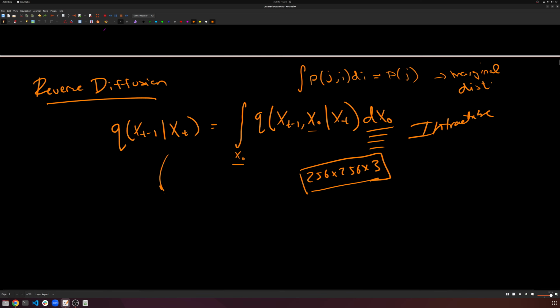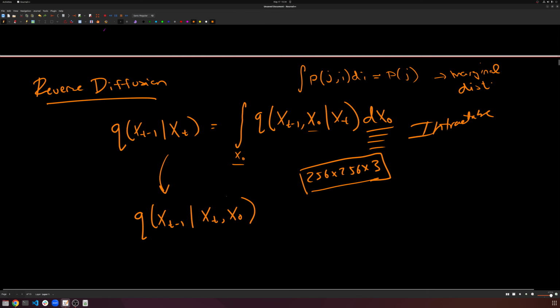So the simplification, or the assumption we make, is that instead of this, we're going to use q of xt minus 1 given xt and x0. Instead of having x0 floating around, needing to be integrated out, why not just include it in our conditional?